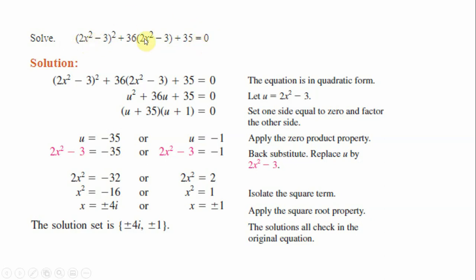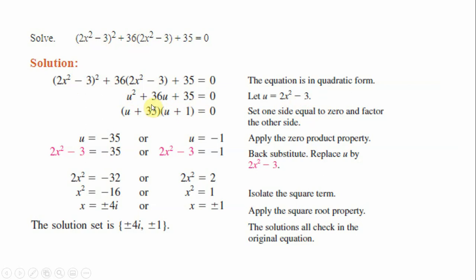But if I recognize this is this squared, I'm going to let the u equal to all of this stuff in here. U is 2x squared minus 3, and I can simplify this form down to this. U squared plus 36 times u plus 35 is equal to 0, and I solve that.